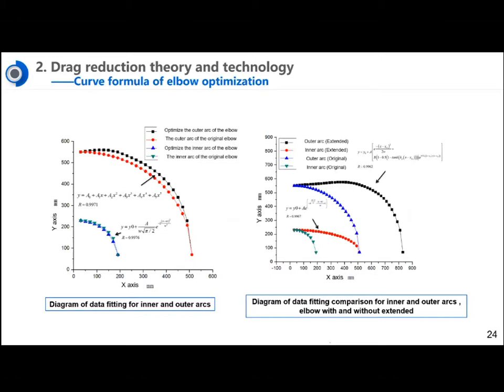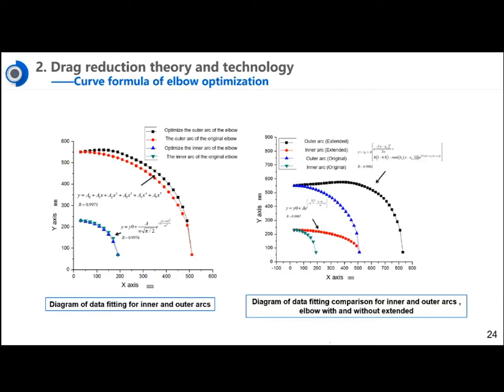Then through the optimization of the different positions of the turning wings, the erection position, we can get the equations to predict the inner arc. We can get the equations to predict the outer arc.